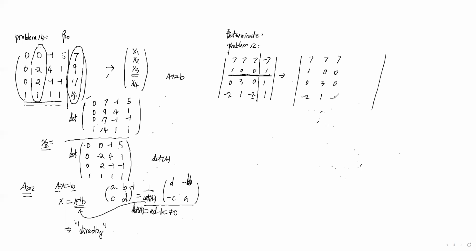So we add this -1 to this one, or you subtract the first column from the fourth column. So we get this 0 1 3, and then we can expand along the second row.